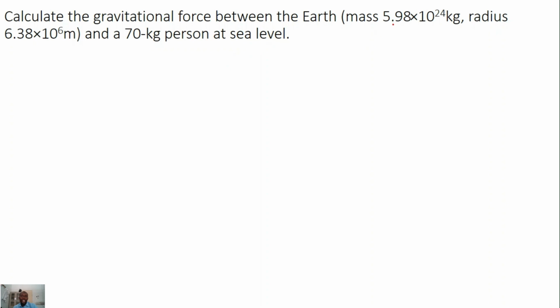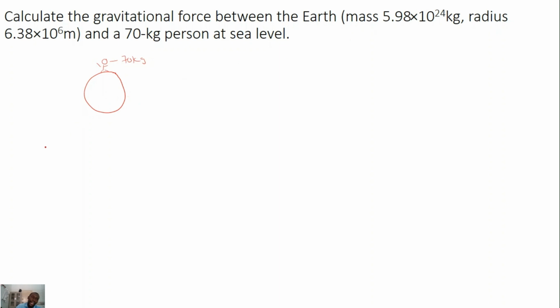We are given the constant, the mass of the earth, the radius of the earth and the mass of the person. Let's say this is someone standing on the surface of the earth with mass 70 kg, okay, and the mass of the earth is this.